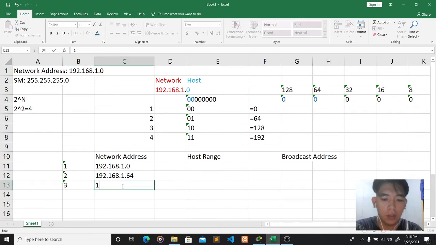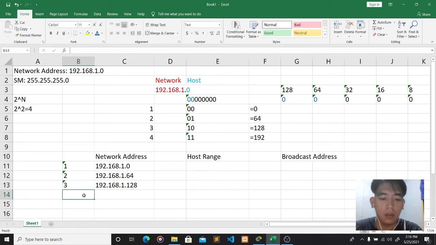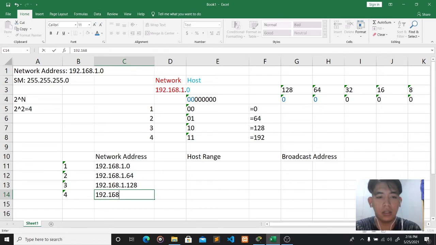Number 3 is 192.168.1.128. Number 4 is 192.168.1.192.